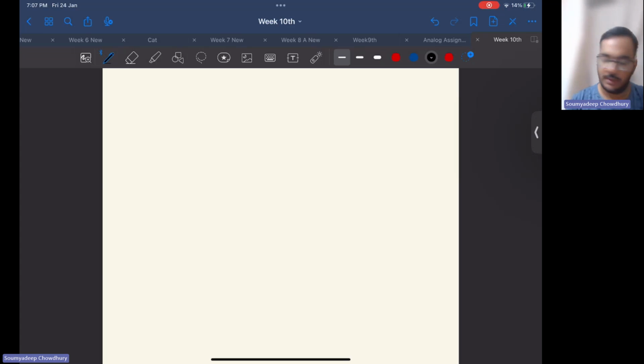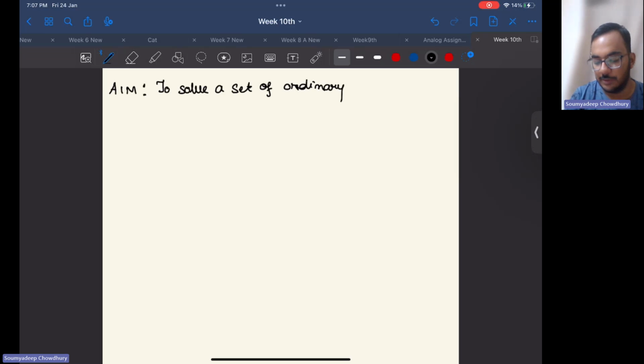So what is the basic problem we are trying to address? What is the aim of this chapter? It is to solve a set of ordinary differential equations, not partial differential equations. We are not looking into partial differential equations here.